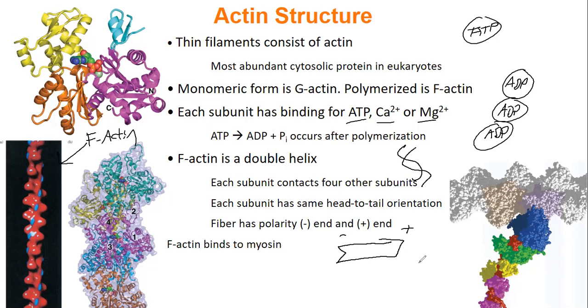On the plus end, actin adds faster, right? Actin can add on to either the plus end or the minus end, but it will add faster on the plus end, and it will come off faster from the minus end.